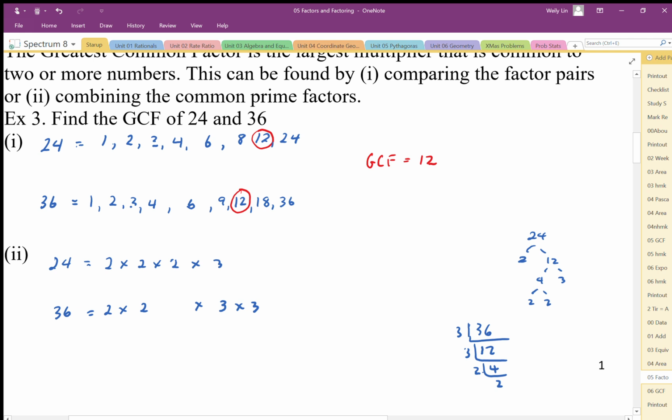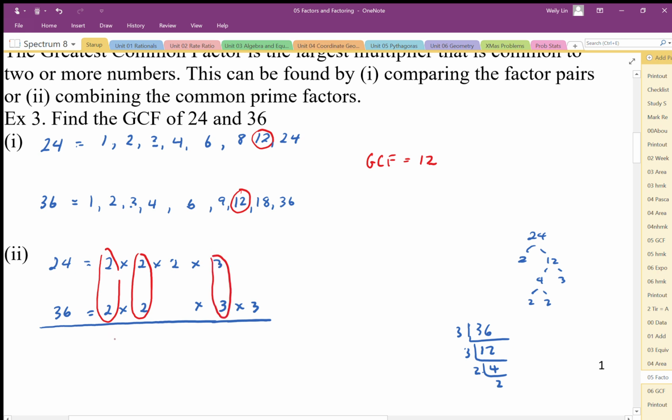I tried lining them up the best I can, because then I can see which ones are common. I have common 2's, another set of common 2's here, and one set of common 3's.